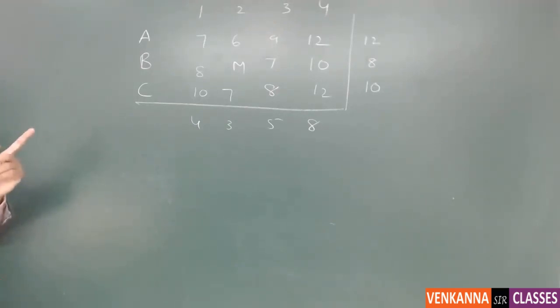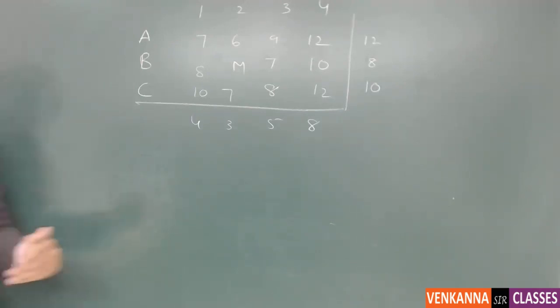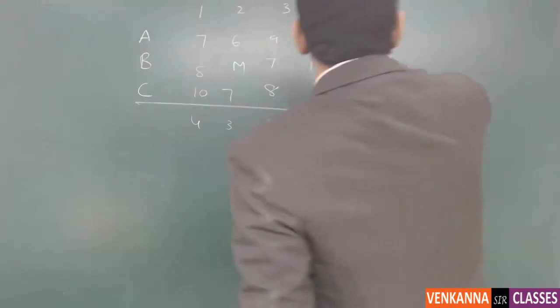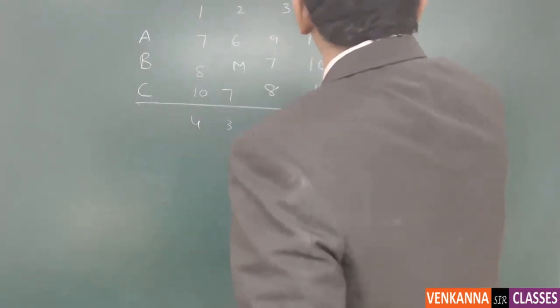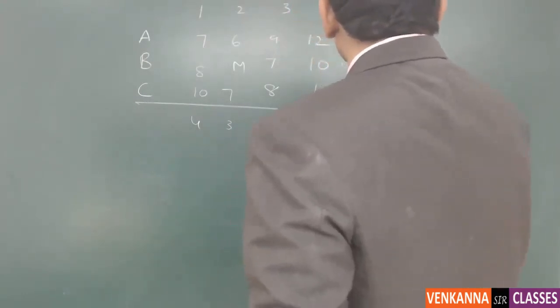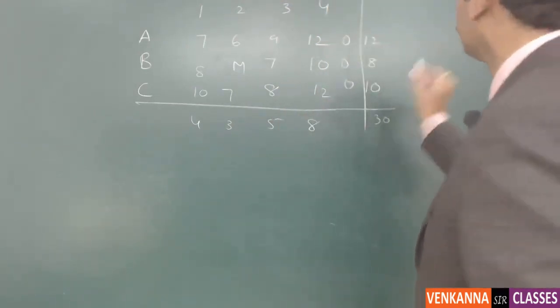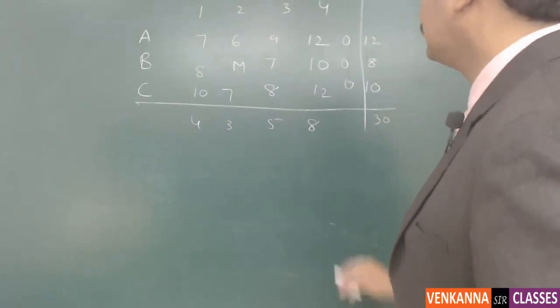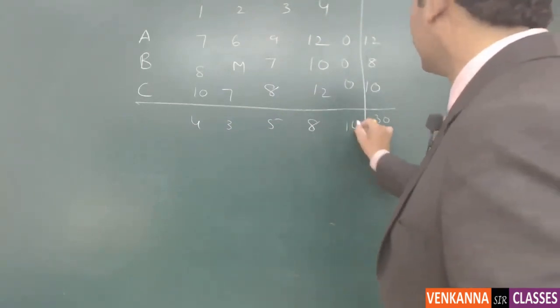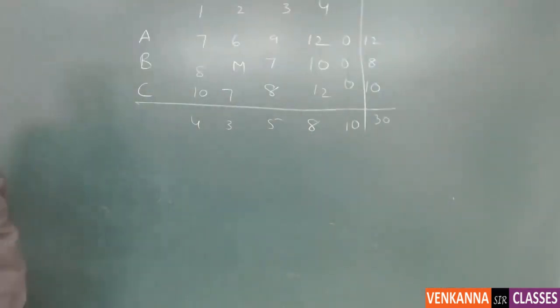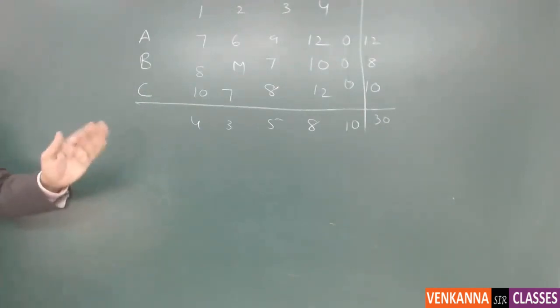Since it is an unbalanced problem, we have introduced a dummy column there by introducing 0, 0, 0, so that we can make it balanced. And what will be the value there? 10. So that the value becomes balanced. It is a balanced transportation problem.